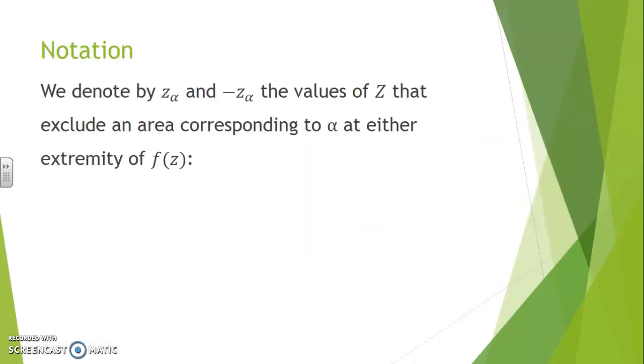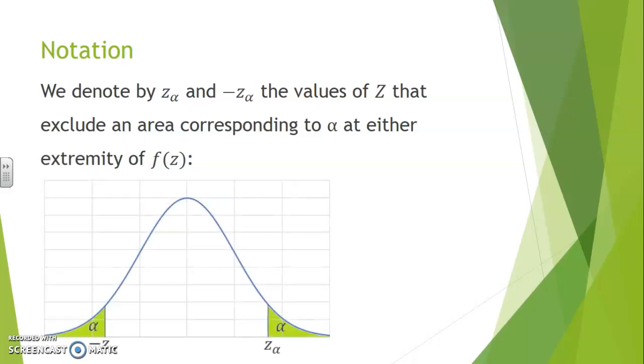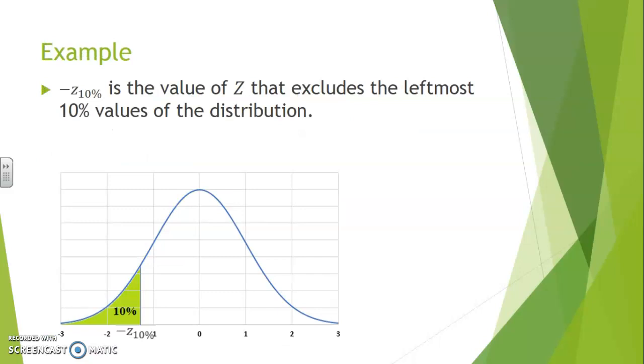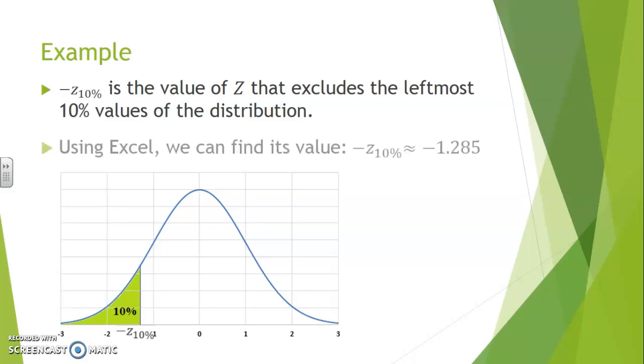It is common notation to use z alpha and minus z alpha to represent the values that exclude an area corresponding to alpha at either extremity of f of z. For instance, minus z 10% is the value of z that excludes the leftmost 10% of the distribution.